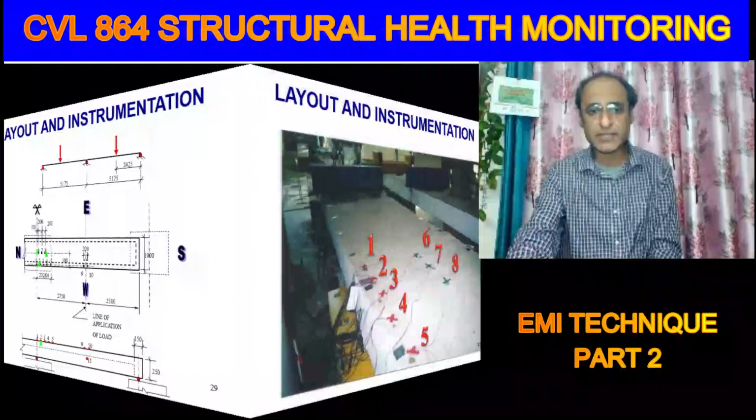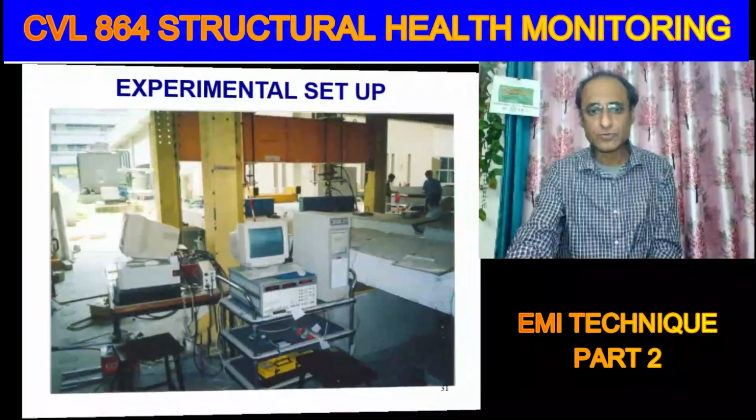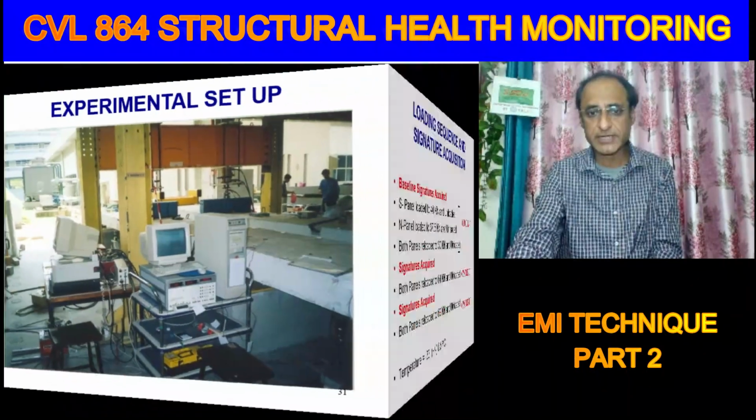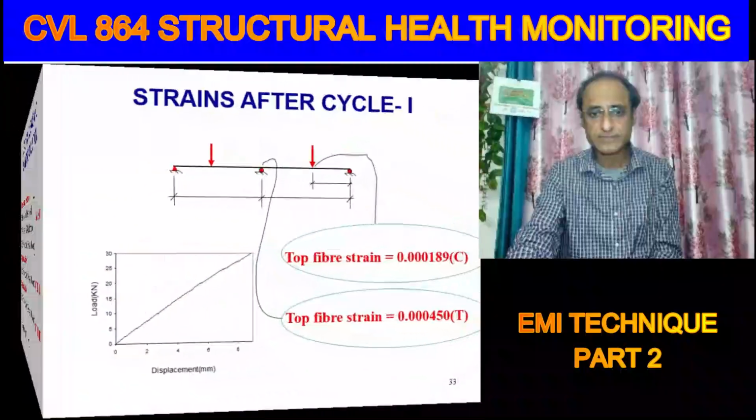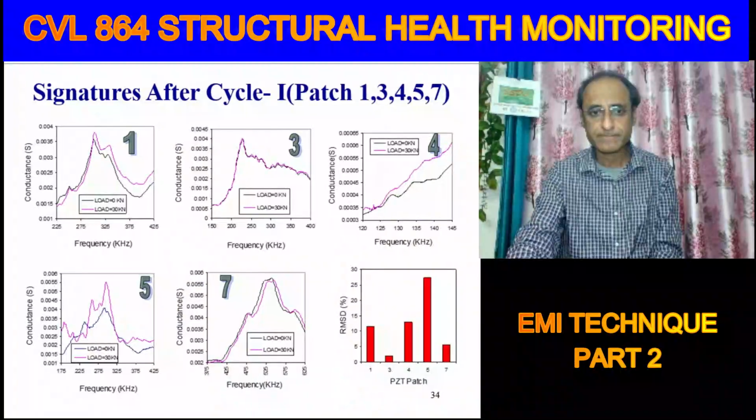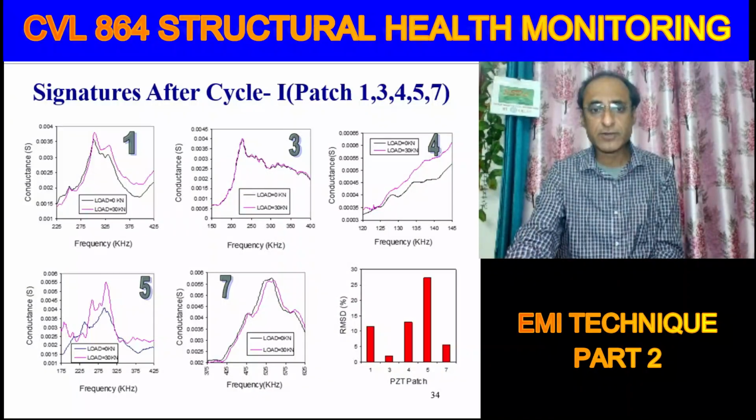This we had seen through the experiments and the data which I presented. After the first cycle, there were cracks near piezo patch number 5 and 4. So they have shown change. 3 has not changed and 7 has not changed.